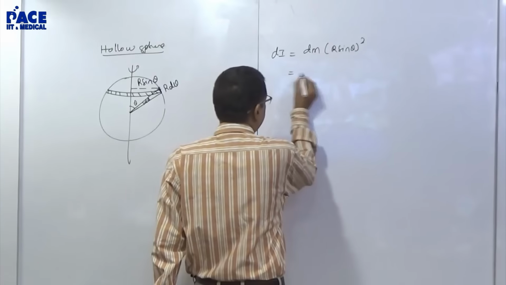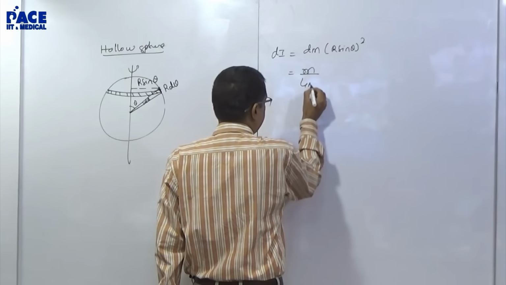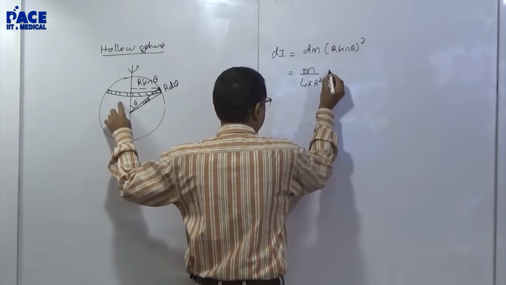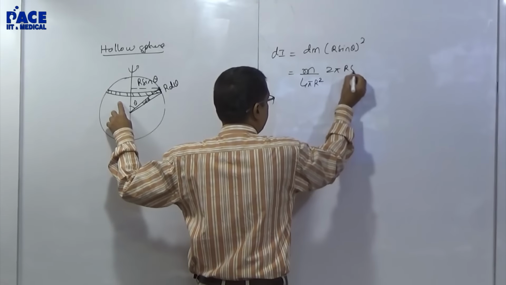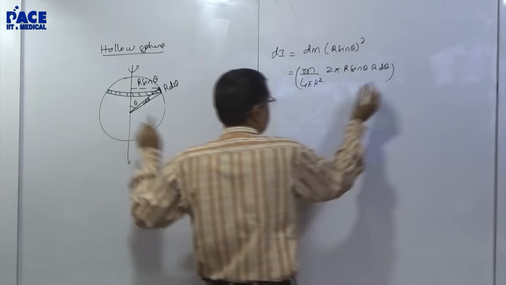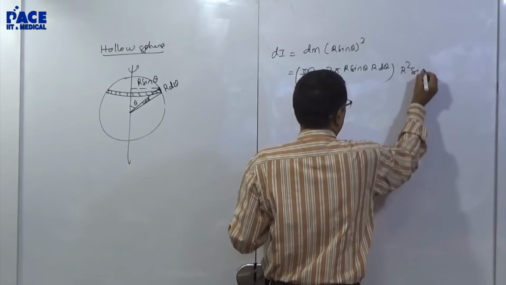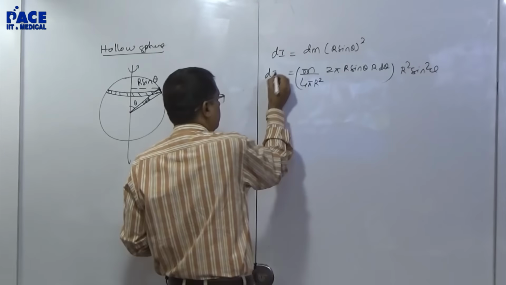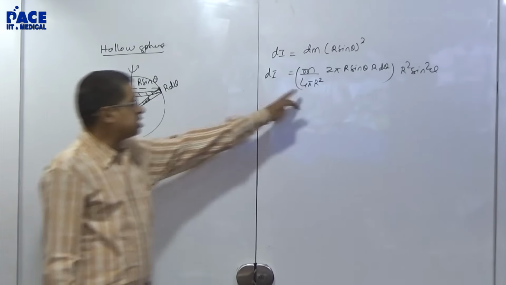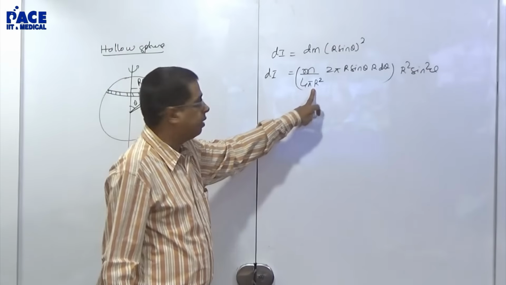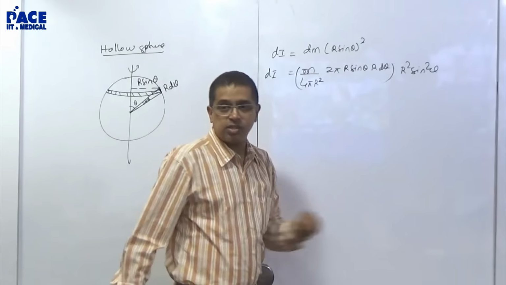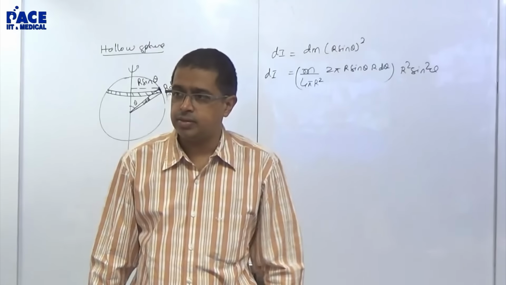Right? dm is mass per unit area into the surface area of the ring, 2 pi r sin theta into r d theta. So dI will be mass per unit area into area of the ring into r square sin square theta.